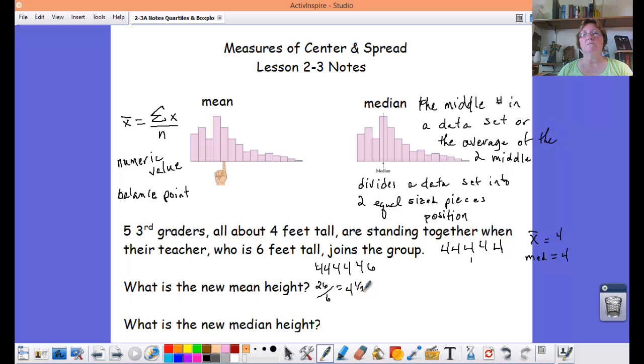So the mean went up by a third, adding that teacher's height. The median, however, the spot where the set is divided into equal pieces, is right here, and the median remains at 4. Now, I guess what that's supposed to remind us of is that the mean is more sensitive to extreme values. The mean is more sensitive to extreme values.